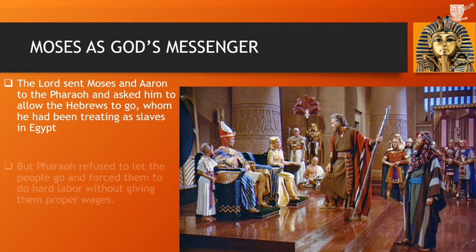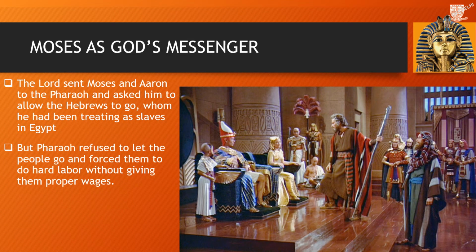But Pharaoh refused to let the people go and forced them to do hard labor, meaning hard work, without giving them proper wages. He would get the people to do all kinds of hard work beyond their strength, and would not give them money. He would not give them anything in return.